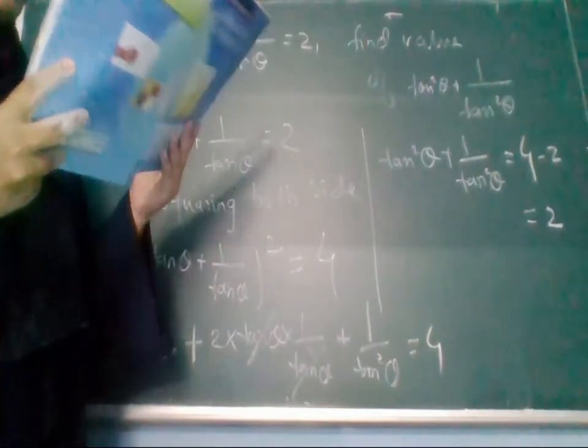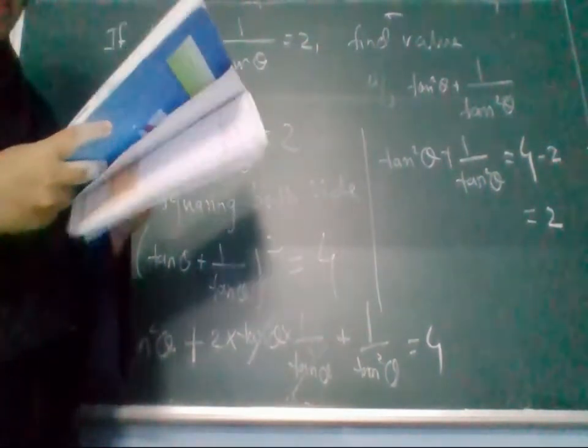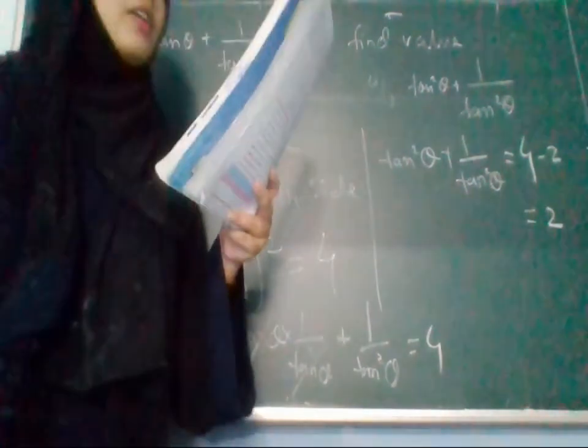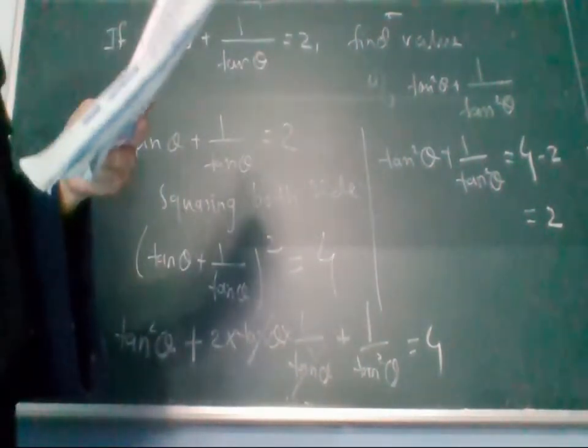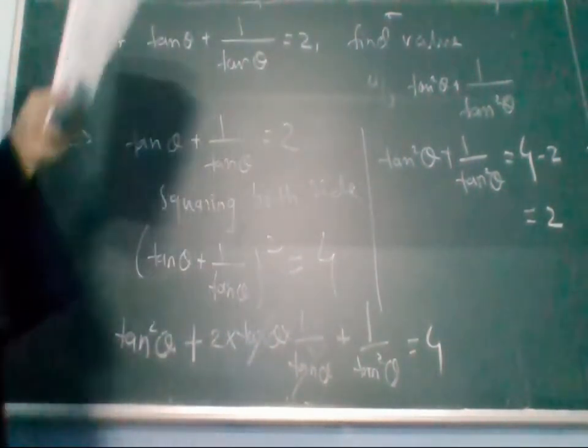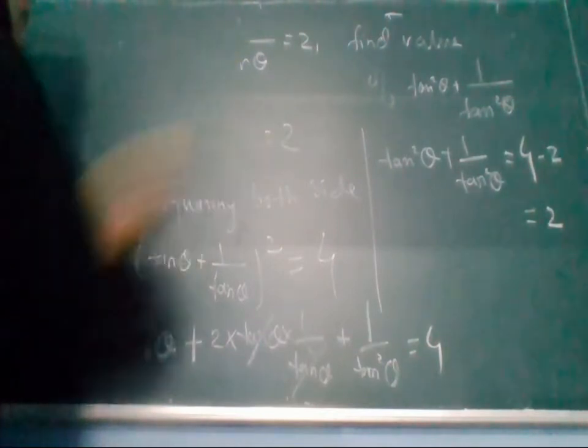Now we will solve problem number 3 from page number 27. There are many problems of this type in your exercise. Okay, so first we will solve problem number 3.